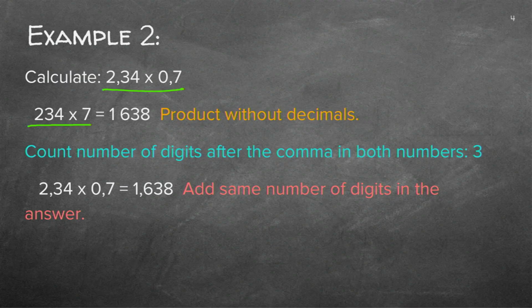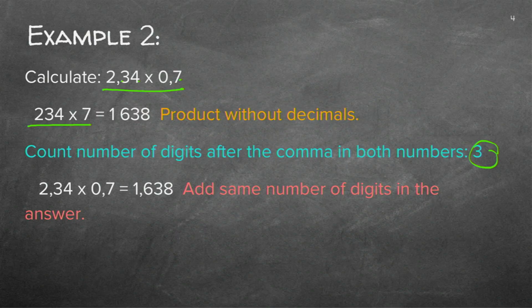And then, this is the important thing of the lesson. So then we're going to count our decimal places. 1, 2, 3. You with me? Count the number of digits after the commas in both numbers, remember? Then we're going to put it back.